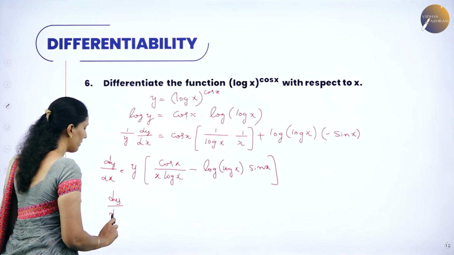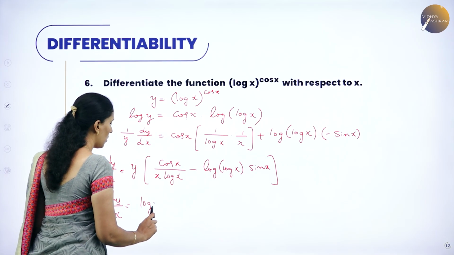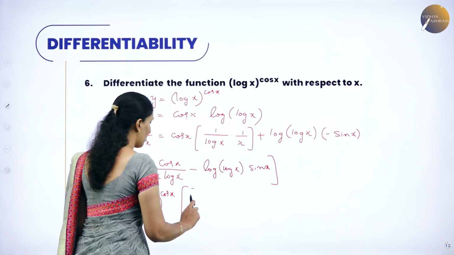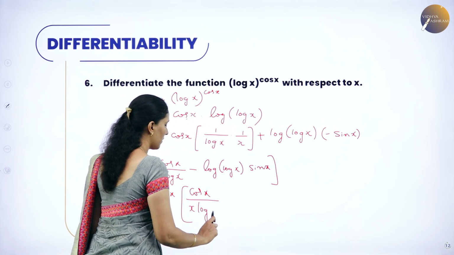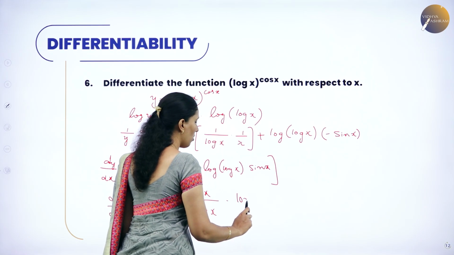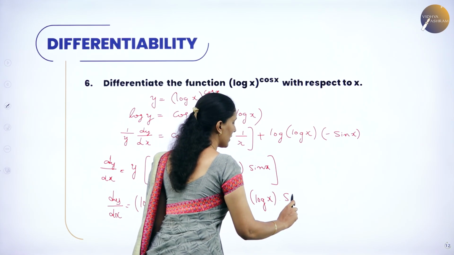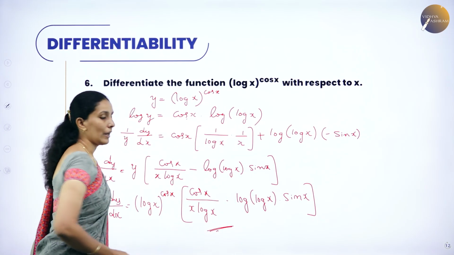So therefore dy by dx is equal to log x whole to the power cos x, over x log x minus log of log x into sin x. So this is the derivative.